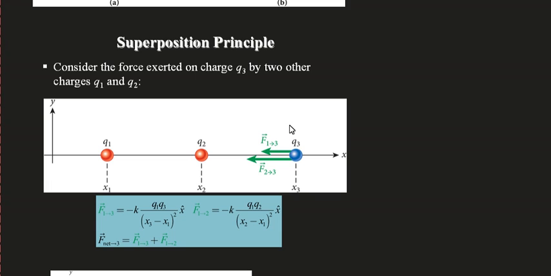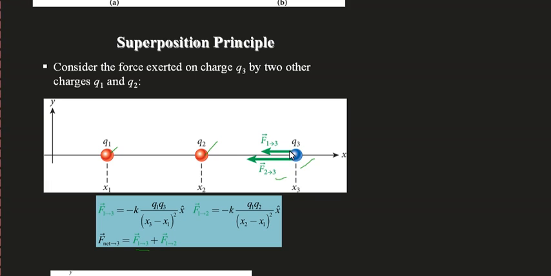For example, here in the figure, the question is what is the force experienced by charge 3, or the Q3, in this example. So Q3 experiences the force exerted from Q2 and at the same time the force exerted from Q1. So the force exerted from Q1 will be F1 to 3 and the force exerted from Q2 will be F2 to 3.